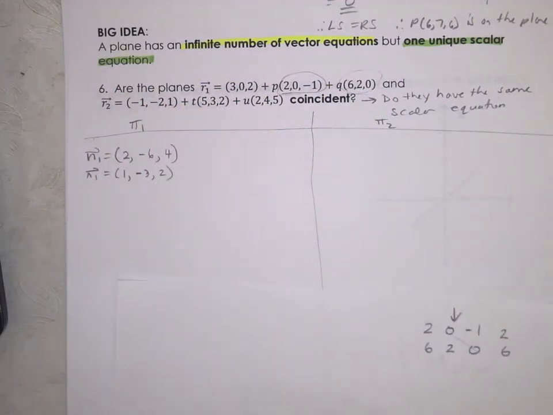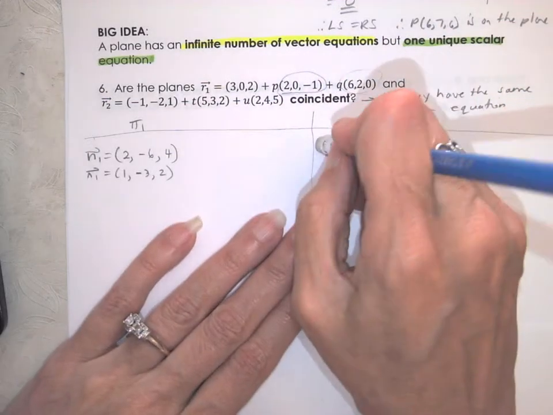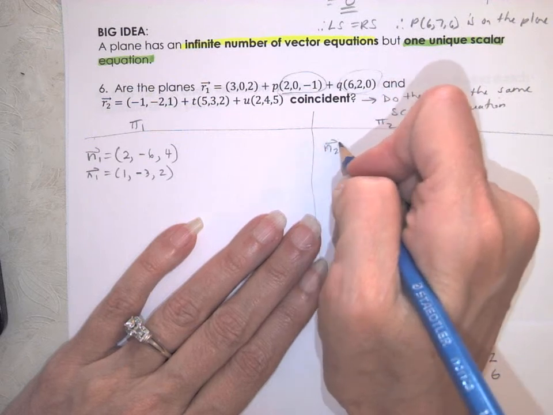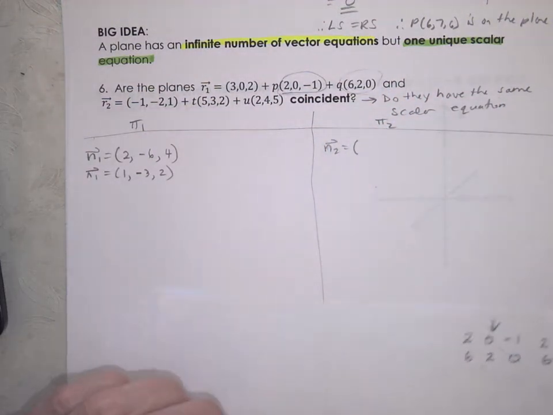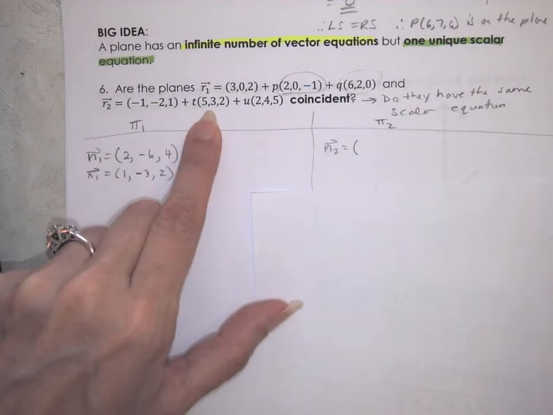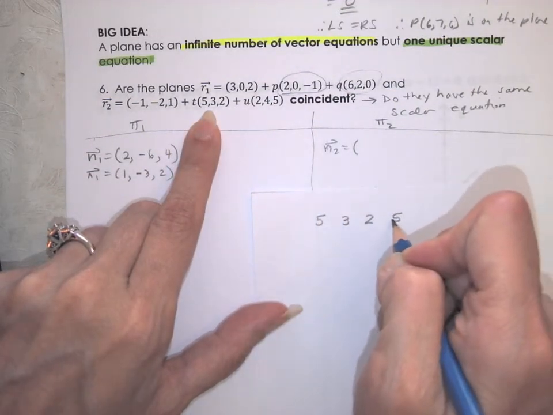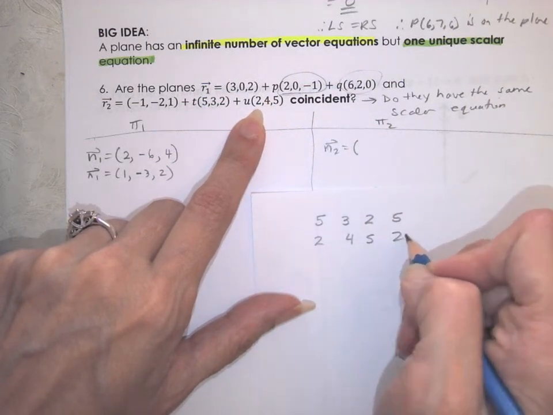Okay? And then I want to find my second normal, because if the two planes don't have the same normal, then they're not going to be coincident. So here's one direction vector here, 5, 3, 2, crossed with 2, 4, 5.